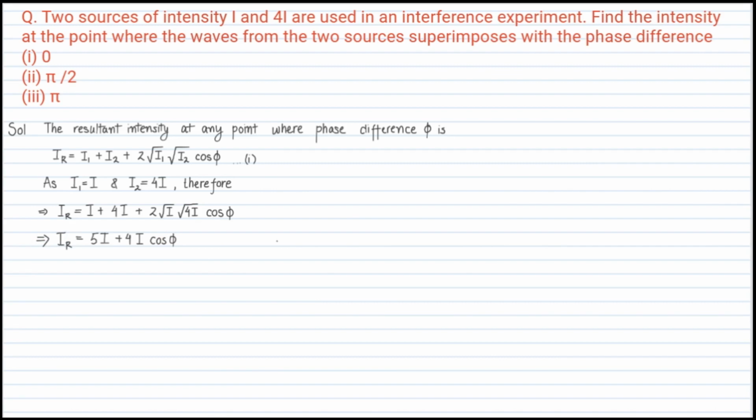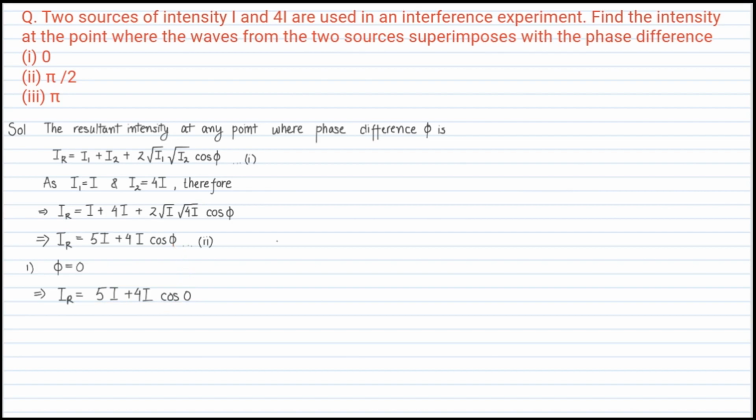Okay, now in this general expression, we'll substitute the phase difference phi. So let us substitute the first phase difference. In your first case, your phase difference equals 0. In that case, this expression, equation 2, can be written as 5I plus 4I cos of 0.